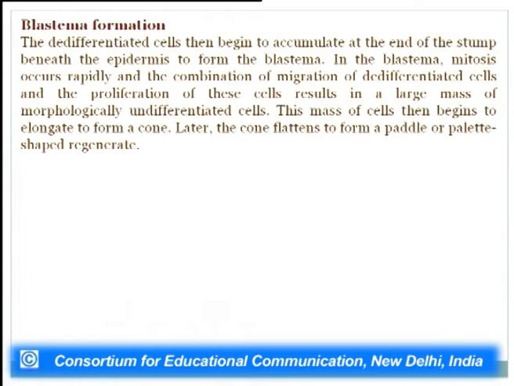This large mass of cells, termed the blastema, is formed at the site of the injury. This mass of cells then begins to elongate to form a cone-like structure, and later the cone flattens to form what is called a pellet-like structure that is regenerated.